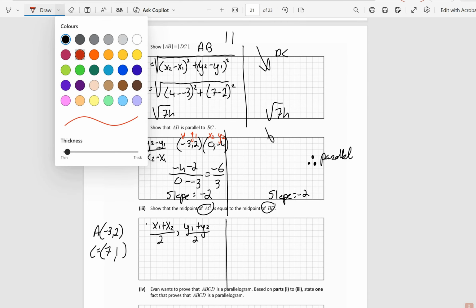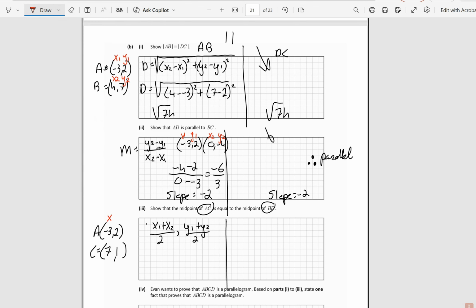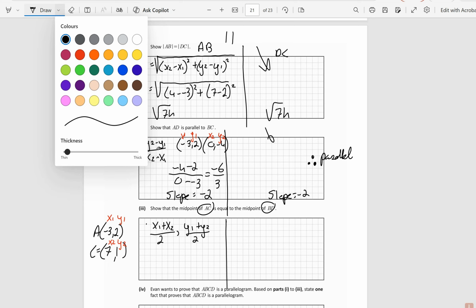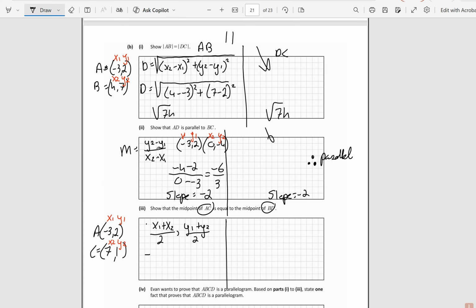Label our points x1, y1, x2, y2. Slot it in. So x1 is minus 3 plus x2 is 7 all over 2, comma, y1 is 2 plus y2 is 1 all over 2.